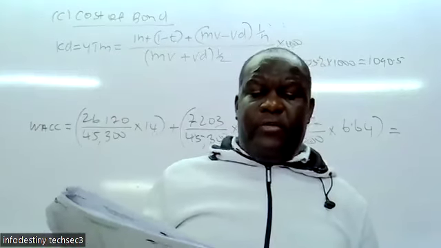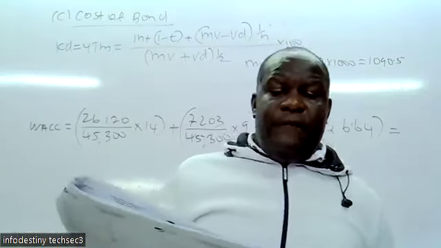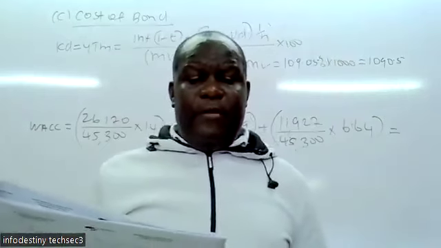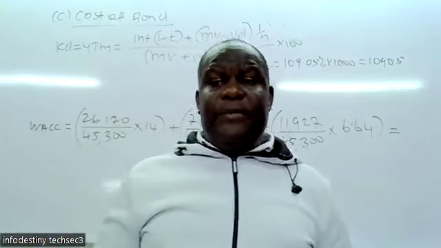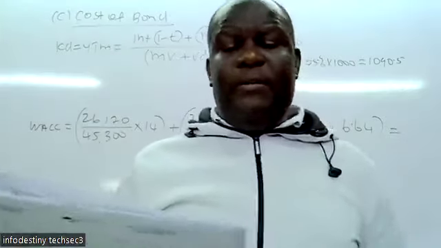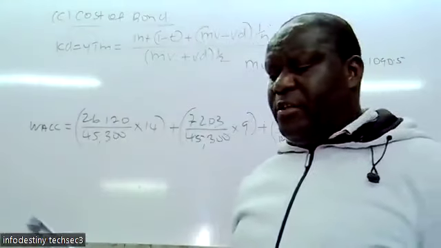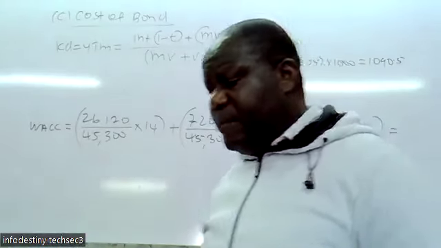If you go to question 3, part C, it reads that the following financial information relates to Panda Limited. It is a statement of financial position extract as at 31st December 2021.